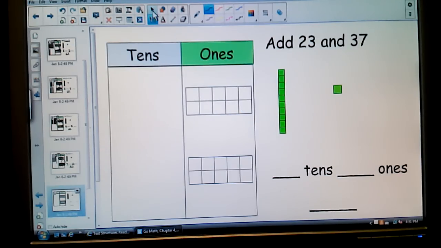Again, now I have the number add 23 and 37. Students start off with having the base 10 blocks for them, and now they're going to have to do all of this thinking by themselves.